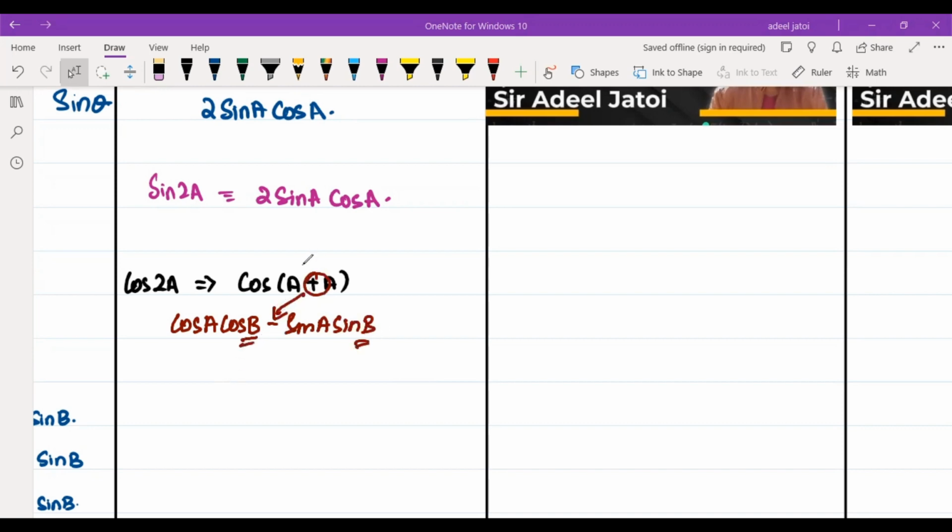But since now we have A and A, so instead of this B, we'll write down A, because of 2A.